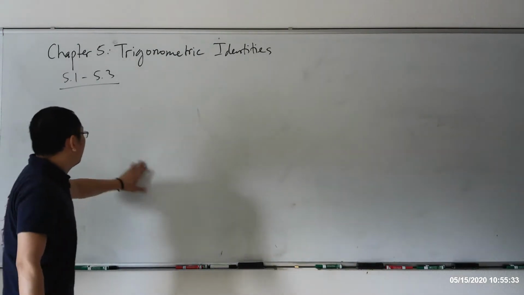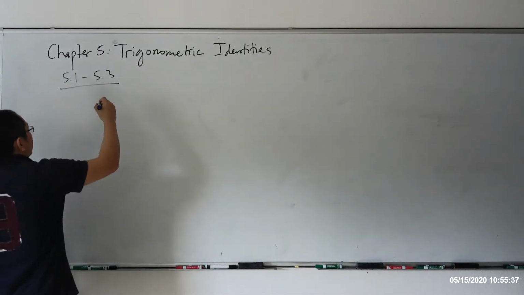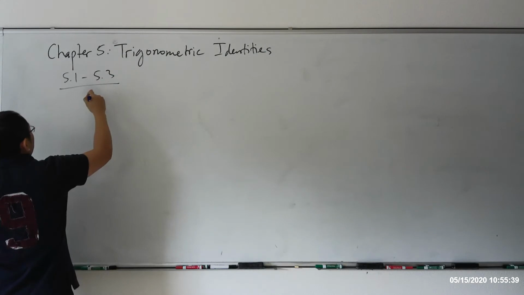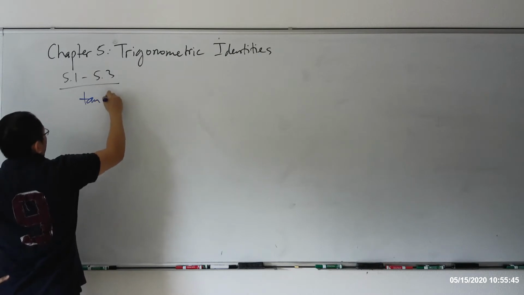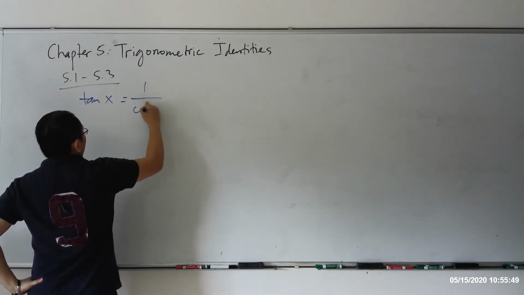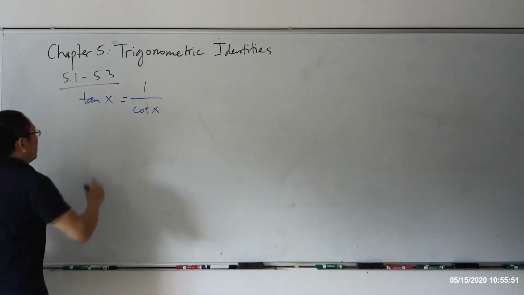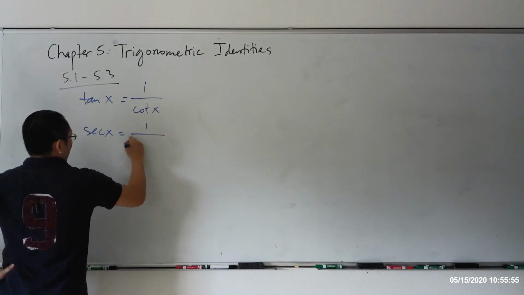So let's start with some fundamental identities. Let's start with the reciprocal ones. Say we have tangent of x or alpha, whatever. Tangent is the reciprocal of cotangent. Secant is the reciprocal of cosine.